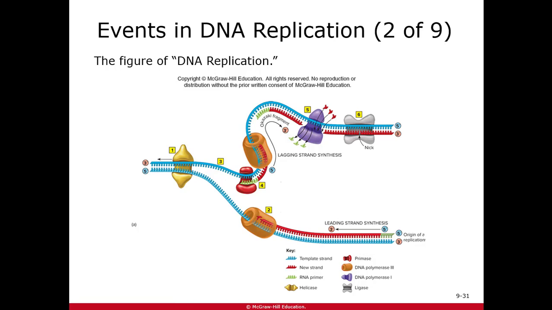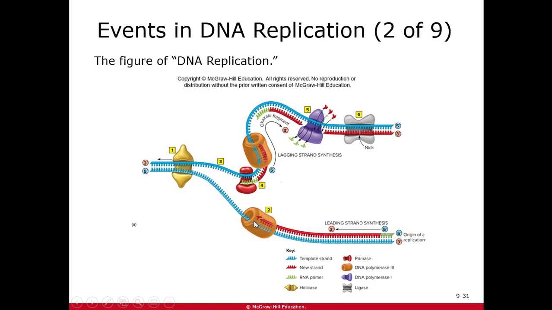So as you're unzipping going this direction, that's totally fine for this particular enzyme. As it's unzipping, it just keeps adding the correct base. If this had an A, it would bring in a T. If this had a G, it would bring in a C. And it follows along.